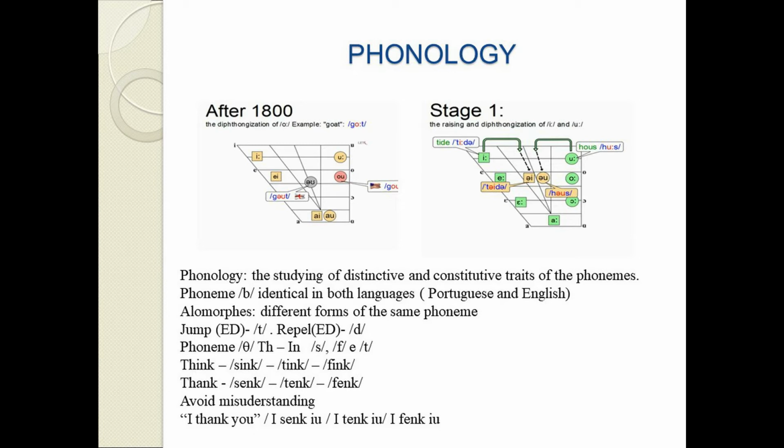And also we have the allomorphs, which are different forms of the same morpheme, right? And then I have here some examples, like jumped, this -ed that is related to the simple past, right? When you have jumped, it sounds like T, and repelled sounds like D, right? We also have this phoneme that is related to TH, right?